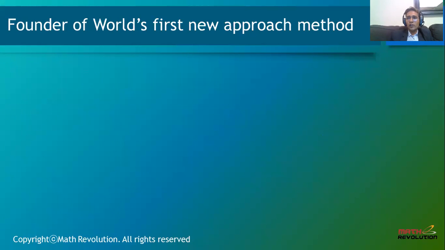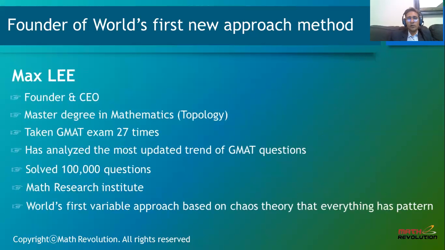Let's talk about the person who is behind this complete approach. We proudly say Max is a person who has not only invested his time, but also effort and patience, all for the students, because he came across this challenge that there are a lot of things a student often forgets to consider during a DS question, and that is where they lose accuracy and time.